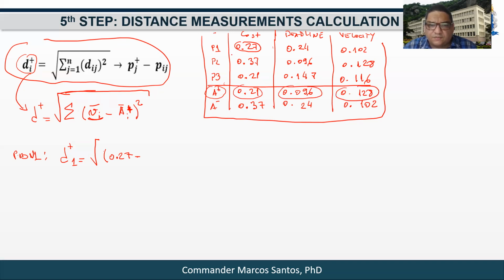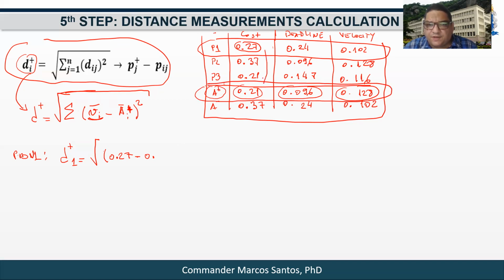So now, for provider one, I will take 0.27 minus the reference. My provider is here. So I need to calculate the Euclidean distance with this reference.